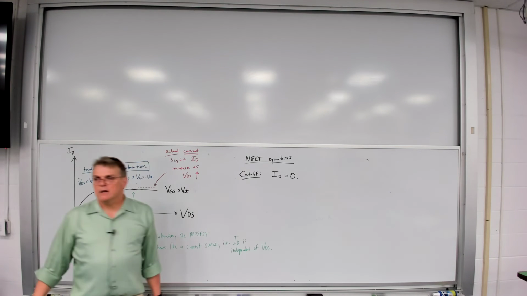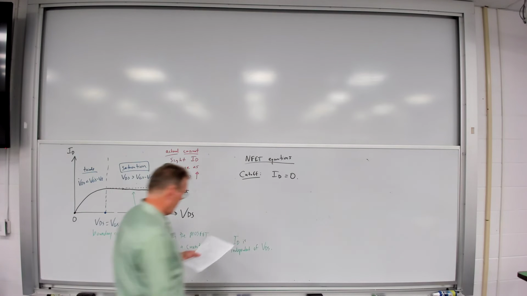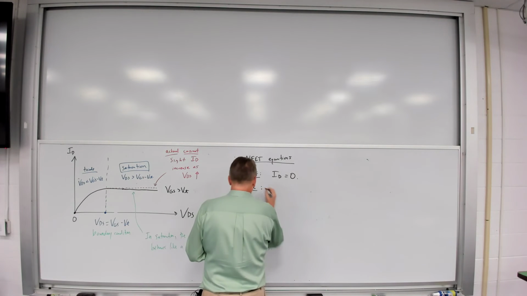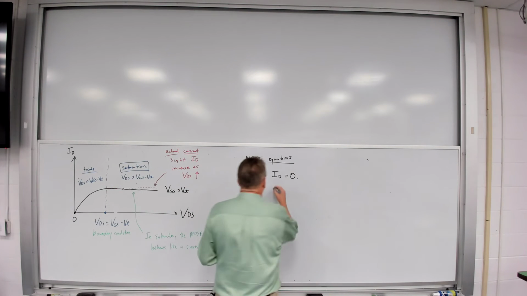In cutoff, the drain current is equal to 0. No channel is formed.